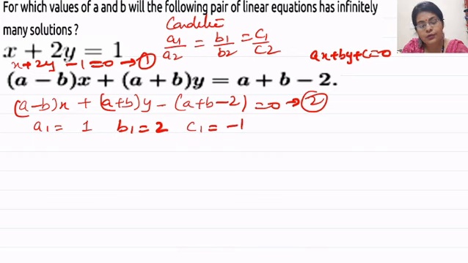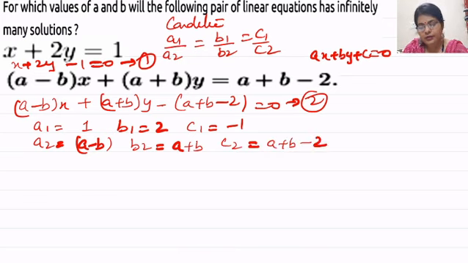And here A2 is a minus b, B2 is a plus b, and C2 is a plus b minus 2. These are the three, and now all we have to do is simply put our values in this. Just putting the values, we can easily solve.